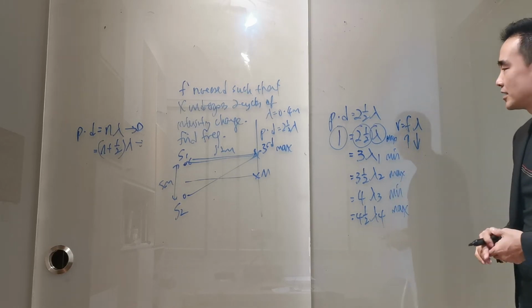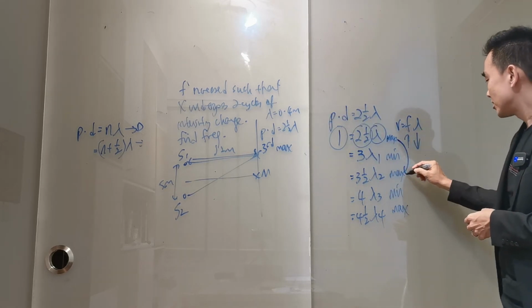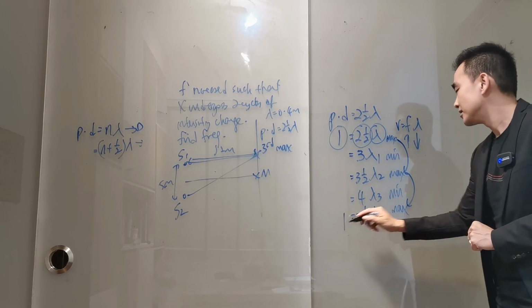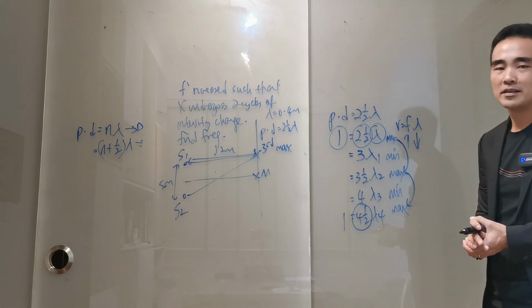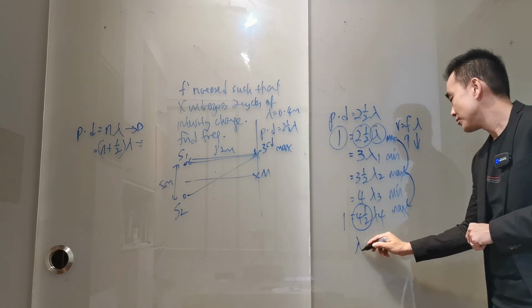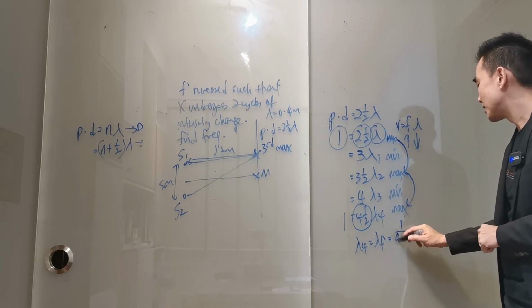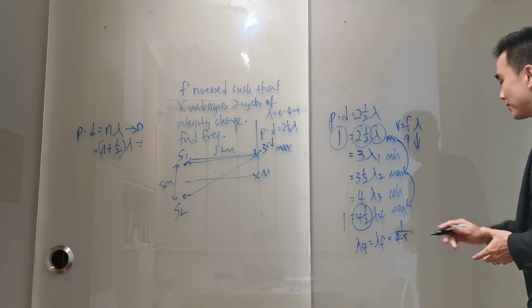So the question I gave you just now is that it went through 2 cycles of change. Therefore, it goes from here to here 1 cycle, from here to here 1 cycle. Therefore, you need to recognize that the path difference is still 1 meter, but this is the one that changed. Therefore, from here, you'll be able to find the final wavelength, which is equal to 1 divided by 4.5, which is not that friendly a number.